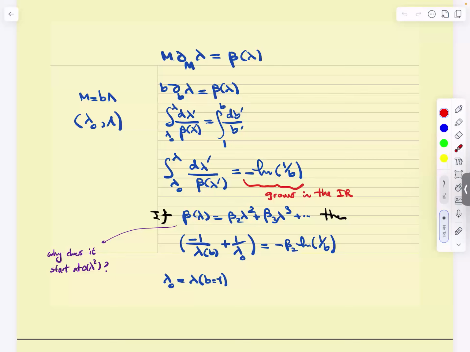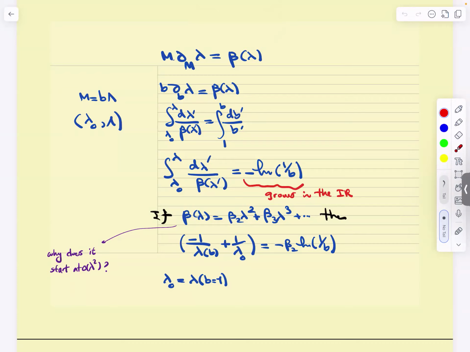The thing is, there's physics in this. You have a theory that's a CFT. It's a conformal fixed point. It has λ equals 0. It's a trivial fixed point. You're perturbing around this, right?